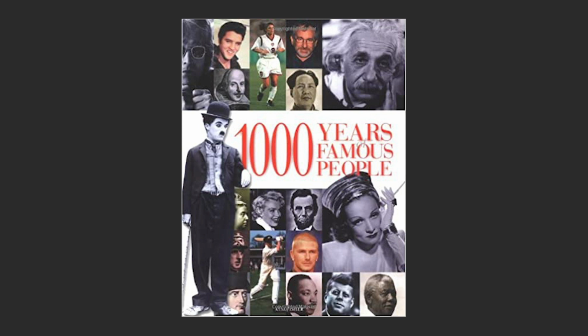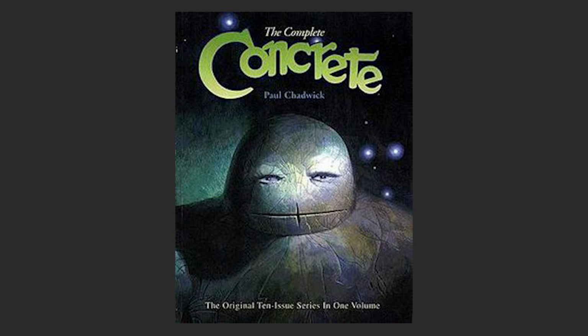Number 4, the problem with borrowing really famous names. If you decide to name one of your important characters after someone famous and well known, that is going to stick out every time. Let me give you an example. Paul Chadwick, who wrote and drew a long running comic series called Concrete, very well done, wonderfully written, just a masterful story.